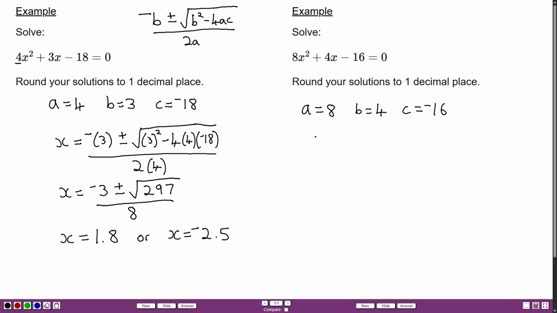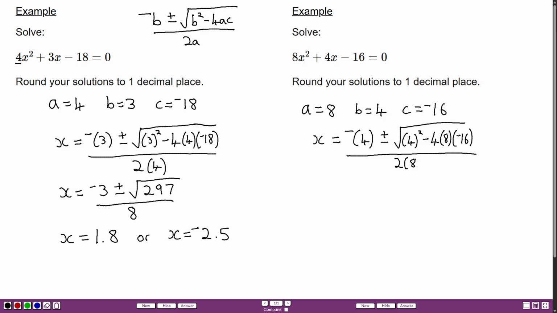So substituting these into the quadratic formula, x is going to equal negative b, so that's going to be negative 4, plus or minus the square root of 4 squared minus 4ac, so 4 times 8 times negative 16, and that's all divided by 2a. Our a is 8, so that's going to be divided by 2 times 8.